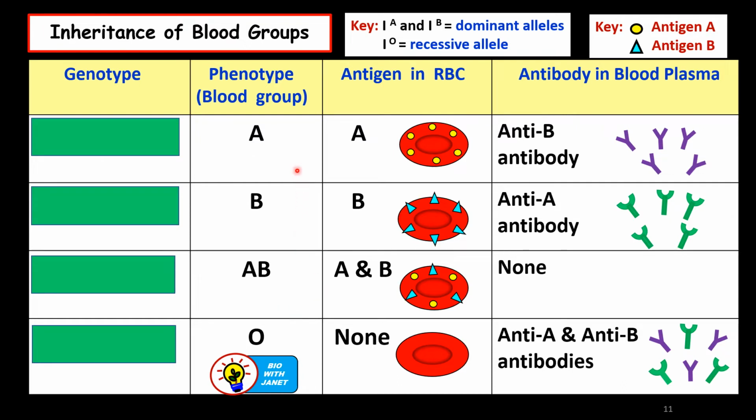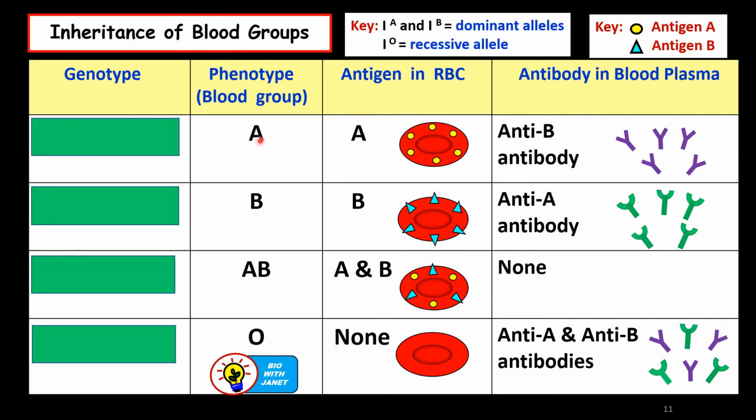For example, if your blood group is A, what is your possible genotype? So for people whose blood group is A, there are two possible genotypes. First of all, a blood group A phenotype must have this IA allele that causes the formation of antigen A in the red blood cells, right?